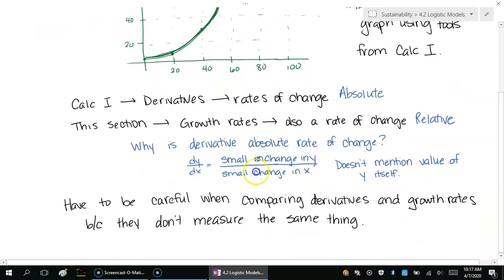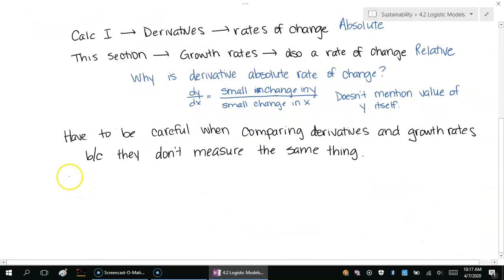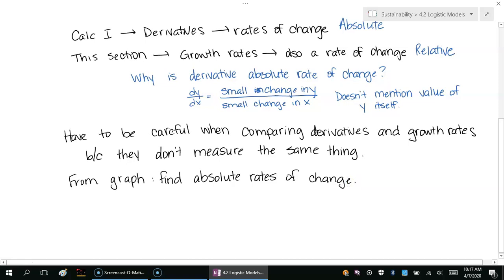Let's start by looking at this graph and find the absolute rates of change. And then we'll compare those to the relative rates of change at the same places.